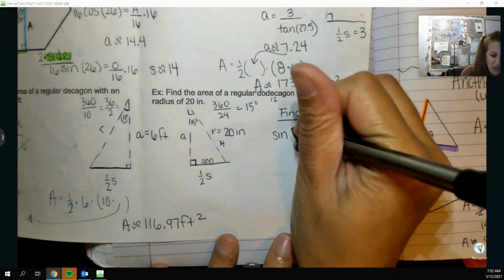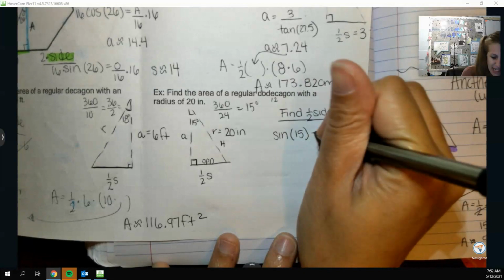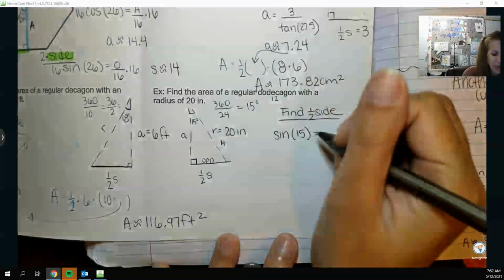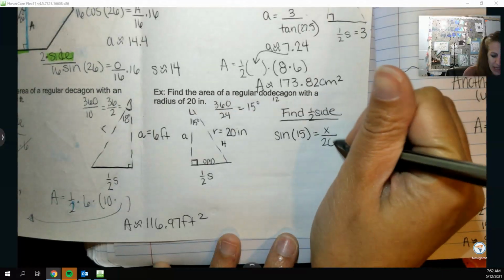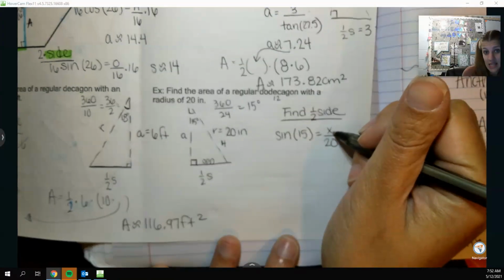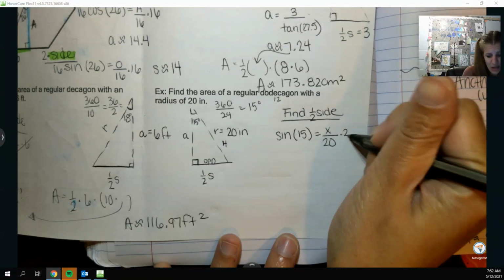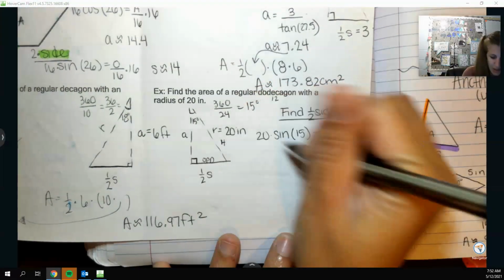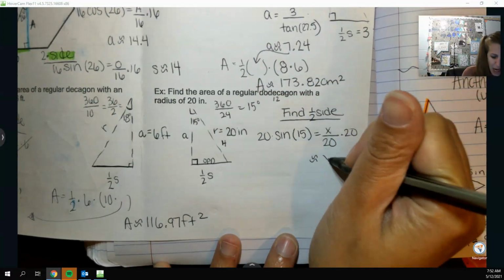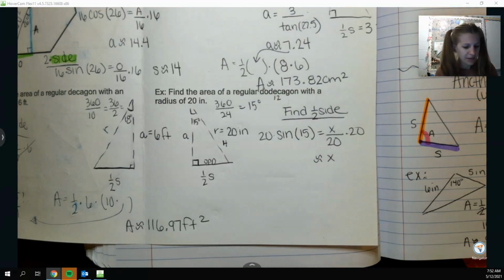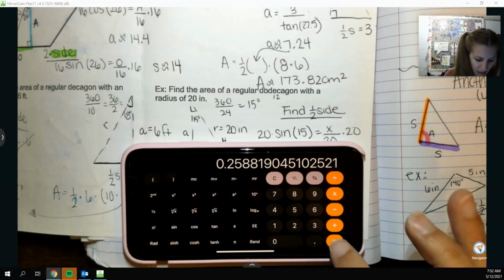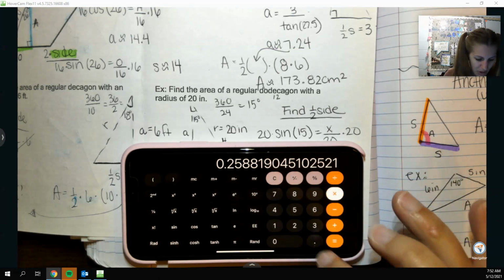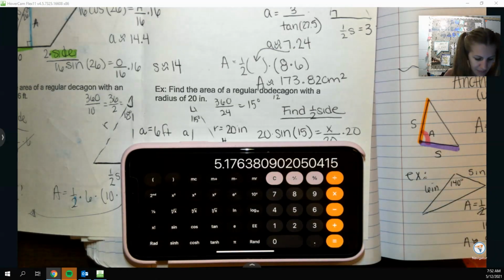Kind of nice. So sine of 15 degrees equals the opposite side, I do not know, over the hypotenuse, which is 20. When x is in the numerator, I'm just going to multiply the 20 over. And so my approximate half side here is going to be 15 sine times 20.